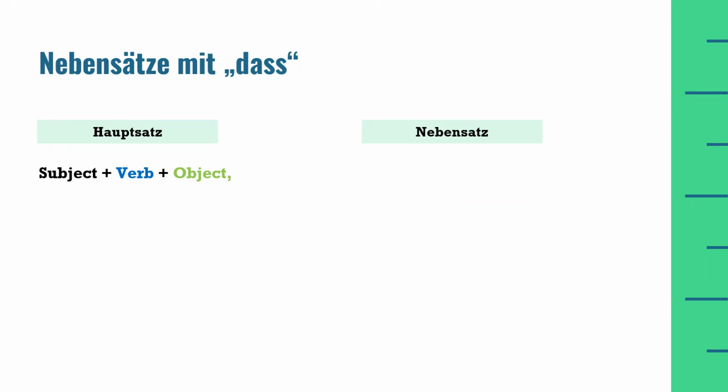But it's also possible that in the Hauptsatz, we may have a perfect tense where we use the participle form of the verb, or that we have a Hauptsatz that consists of a modal verb and a main verb. And in this case, we have to use the sentence structure of the modal verb.